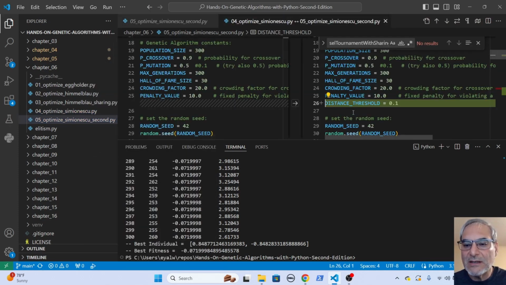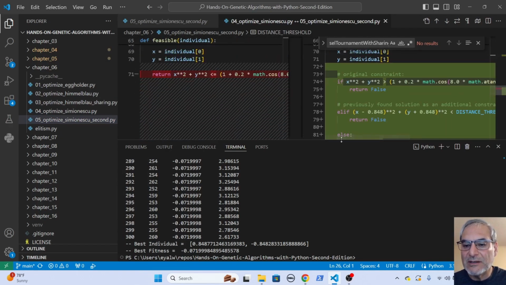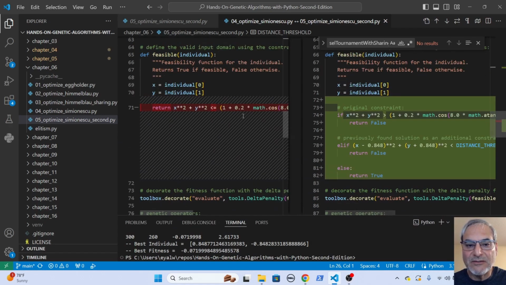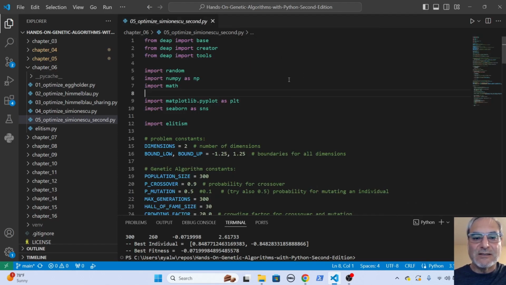If we compare the second program to the first program, we will see that there is some distance threshold, but really what we did here is we took the feasible range that was defined before by the function itself, and now we added the area of the solution that we already found. We said if we are within a certain distance from that solution, this is not feasible, I don't want to go there, so we are not going to find this solution again, and therefore encouraging us to find other solutions.